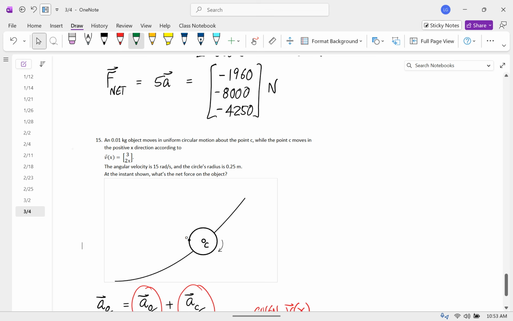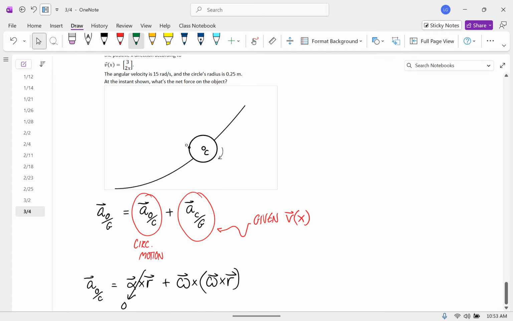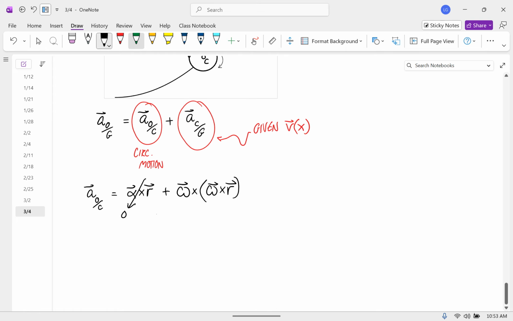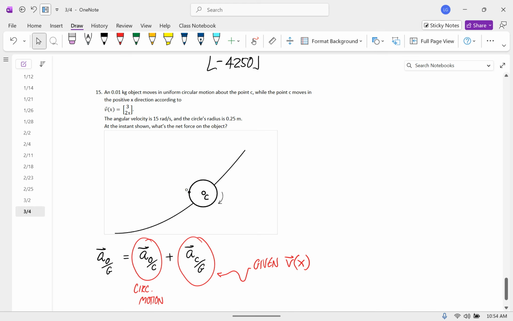And the angular velocity is 15 radians per second. We can see it's moving clockwise. So for omega, it already gives us a vector, so we have to use whatever coordinate system it's using. It gives us x and y components, so we know it's in the xy plane.